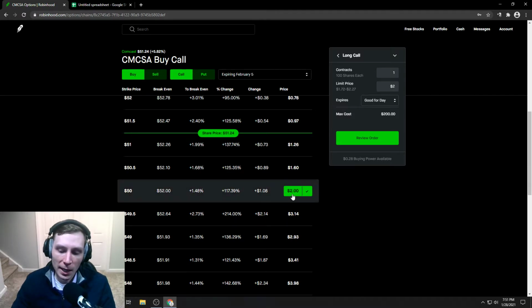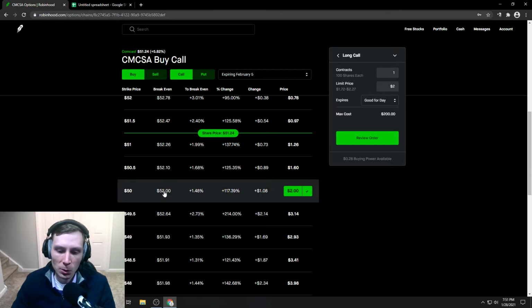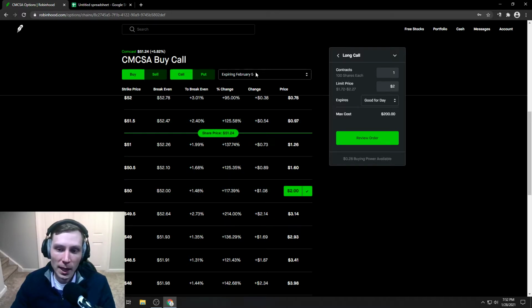But you already paid $2 per share to even have that option in the first place. So what you need to break even is you need Comcast to be up to $52 per share for you to break even on this contract. And then anything above that is profit, but anything below that is loss. And that is if you hold on to it until it expires.